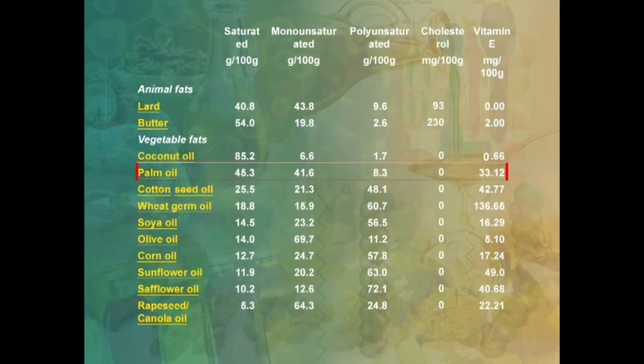Palm oil is the next, containing 50% saturated and 50% unsaturated, and therefore, it is partly solid and partly liquid. Starting from cottonseed oil, wheat germ oil, soya oil, sunflower oil, safflower oil, rapeseed oil, canola oil, corn oil, all these are liquids at room temperature because they have large amounts of unsaturated fatty acid.